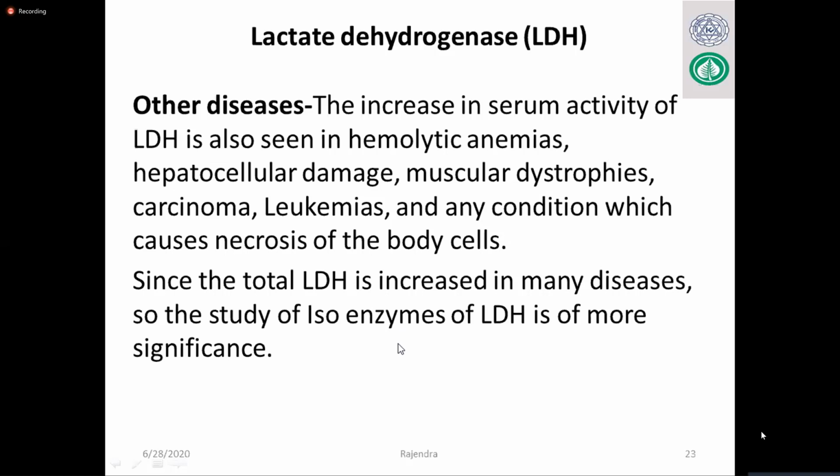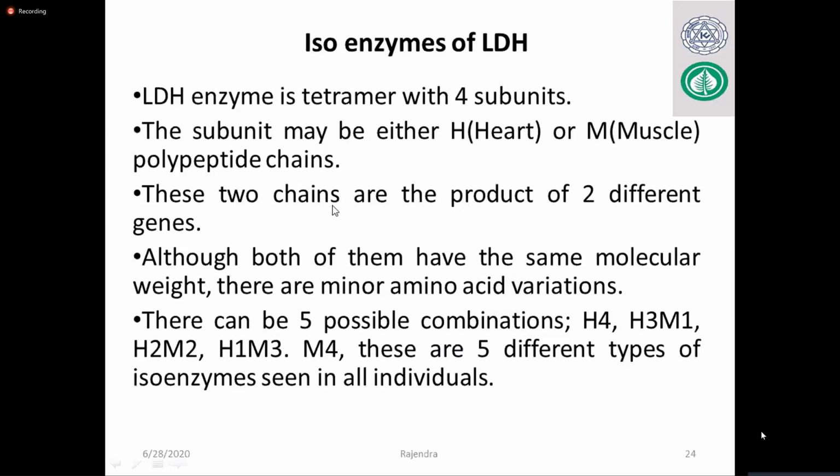That means, like CPK, which has 3 isoenzymes, LDH has 5 isoenzymes, and each individual isoenzyme is related to an individual tissue. LDH enzyme is a tetramer with 4 subunits. The subunits may be either H, heart, or M, muscle, like CKMB, M for muscle and B for brain. Similarly, we have H for heart and M for muscle.